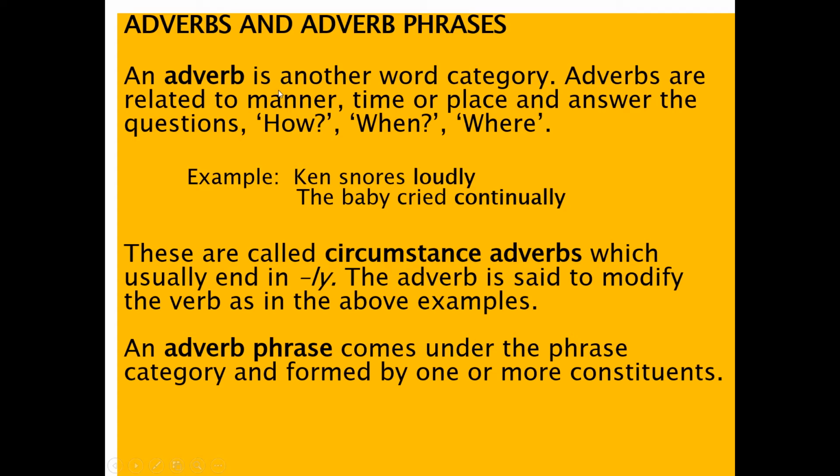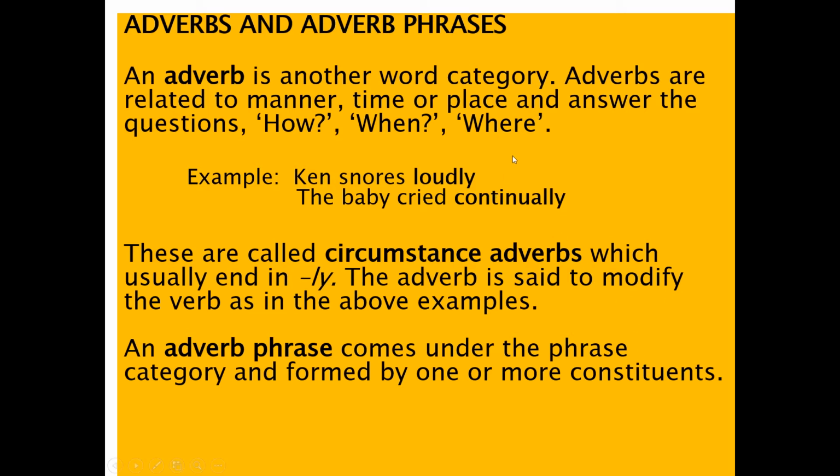If I say tomorrow, that is an adverb of time. If I say here, there, in this room, these are adverbs of place. If I say very, extremely, these are adverbs of degree. If I say often, sometimes, they are adverbs of frequency, and so on.